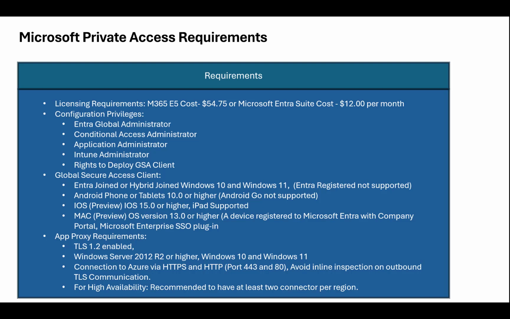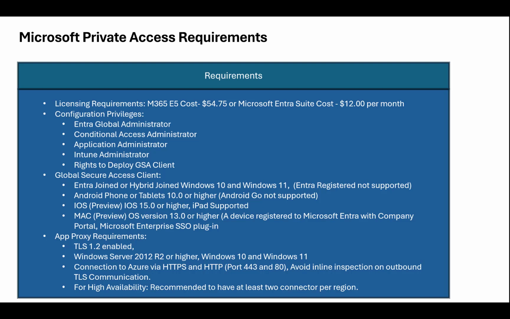Now, when we talk about connectivity of this app proxy, which I addressed earlier, the connectivity is to Azure via HTTP or HTTPS on ports 443 and 80. Straightforward, which I believe in most organizations should already be there. So you don't have to do any additional work in terms of configuring the private access. We should avoid inline inspection on outbound TLS communication because it could give you unwanted results.